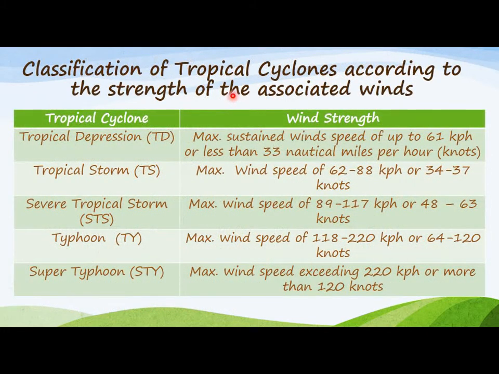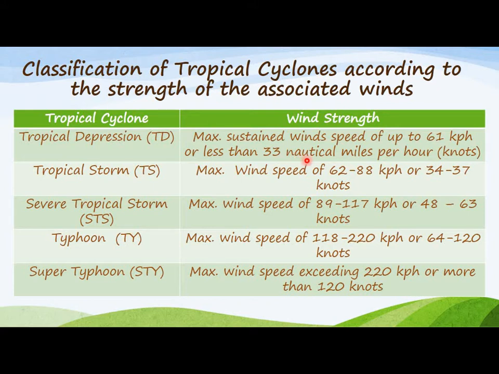Now, let's proceed to the classification of tropical cyclones according to the strength of the associated winds. Here we will learn what type or classification our developing tropical cyclone is. A tropical depression has a maximum sustained wind speed of up to 61 km per hour, or less than 33 nautical miles.